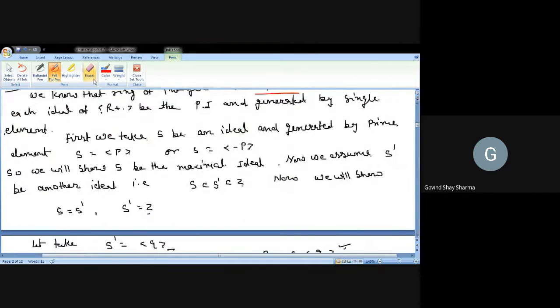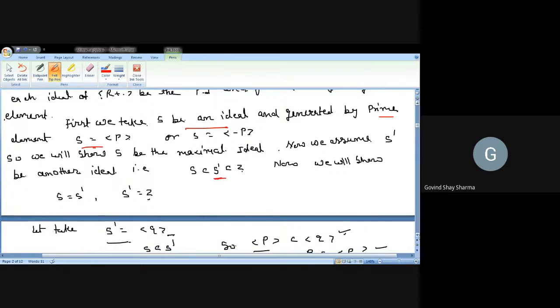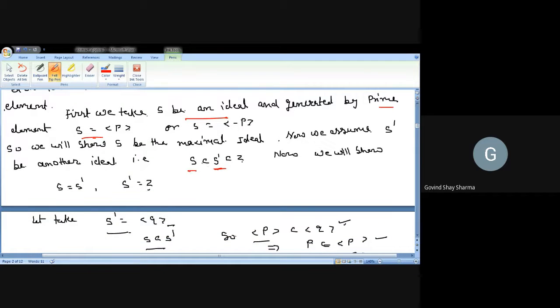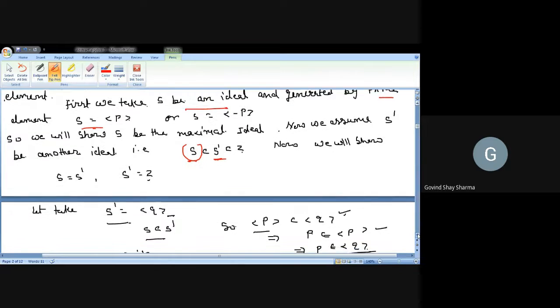First we take S as an ideal generated by a prime number, and there is another ideal, say S2, which contains S.